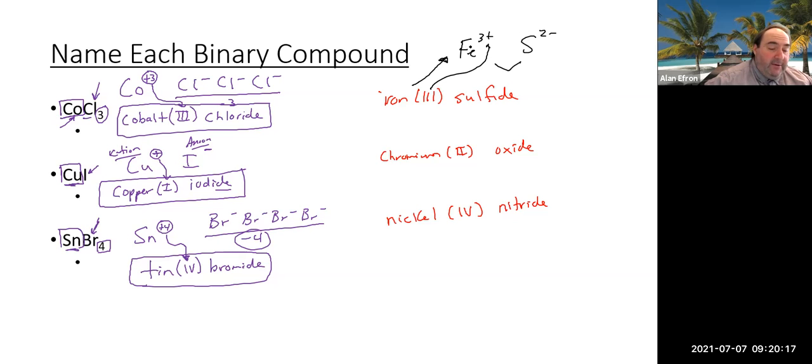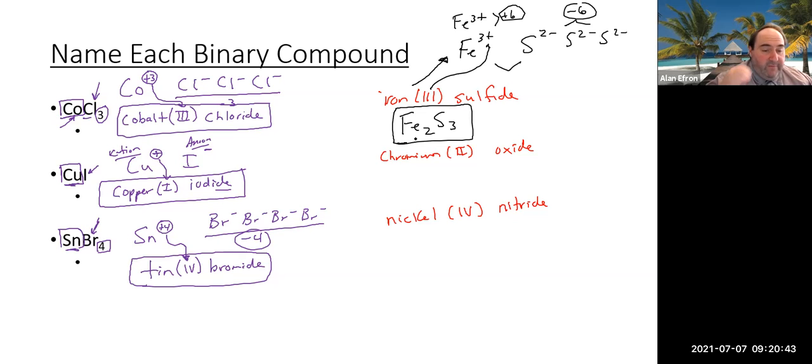So to get the iron to 6, we need not 1, but we do need 2 of them, because that essentially will give us a +6 charge. To get the sulfide to 6, we need 3 of them, which essentially will give us our -6 charge. -6 and +6 gives us no charge overall for the formula, which is what we're looking for. And we end up with Fe2S3.